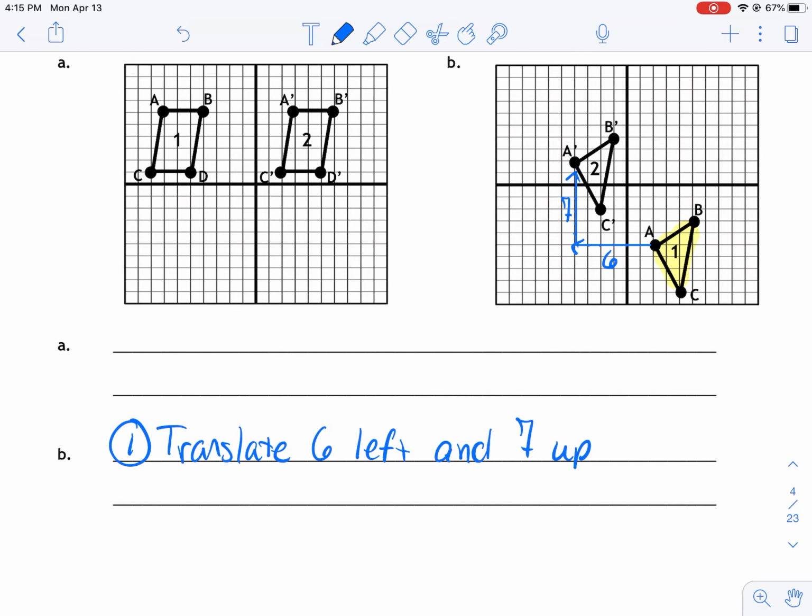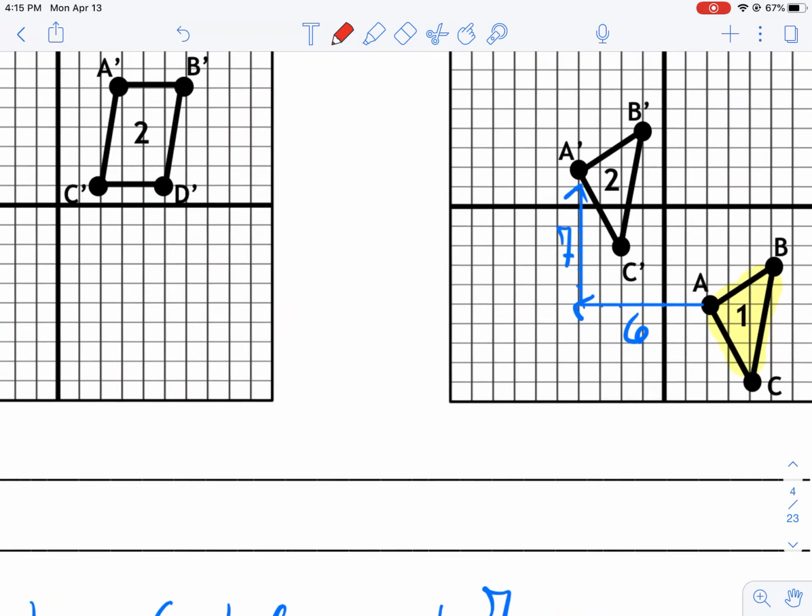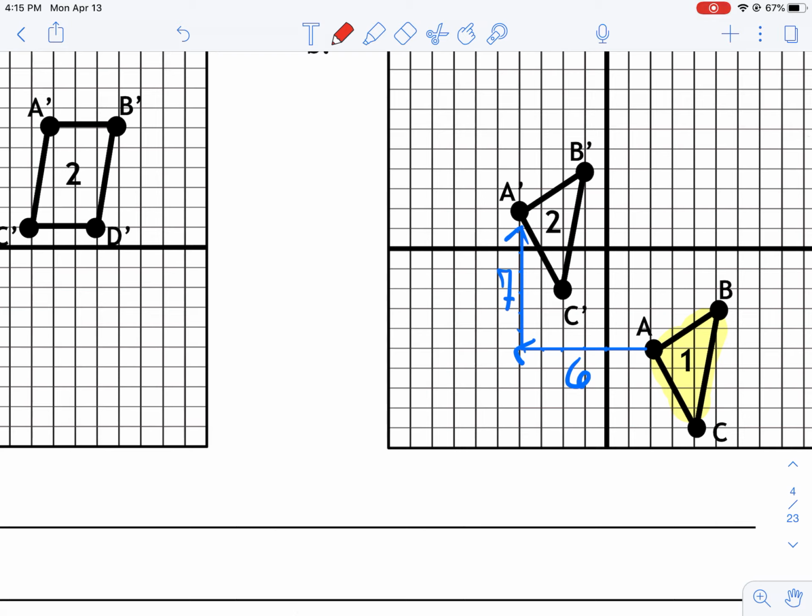Okay, the other option, if you wanted to go up first, you could have absolutely done that. So you would have gone up 7 first. 1, 2, 3, 4, 5, 6, 7. Sorry about that. My pen messed up on that one. Okay, and then 6 over. 1, 2, 3, 4, 5, 6.